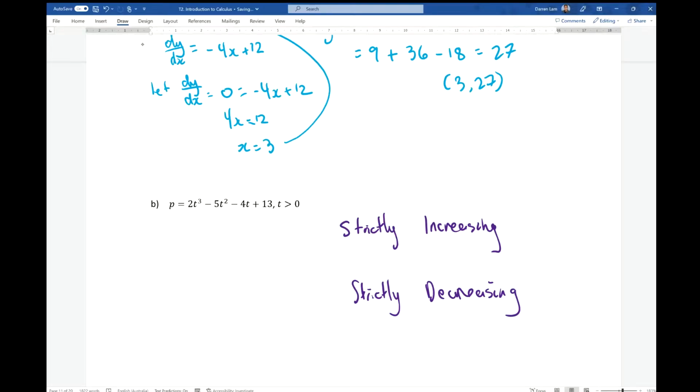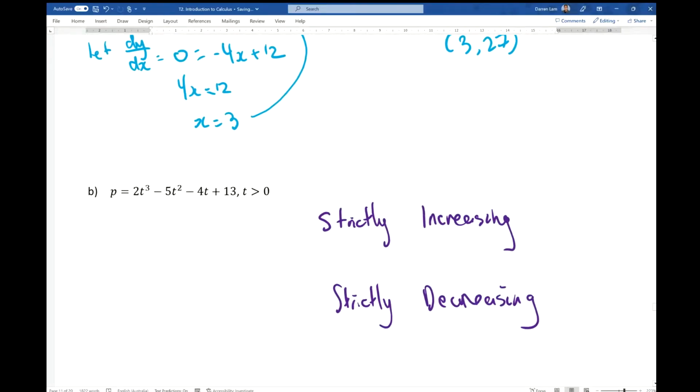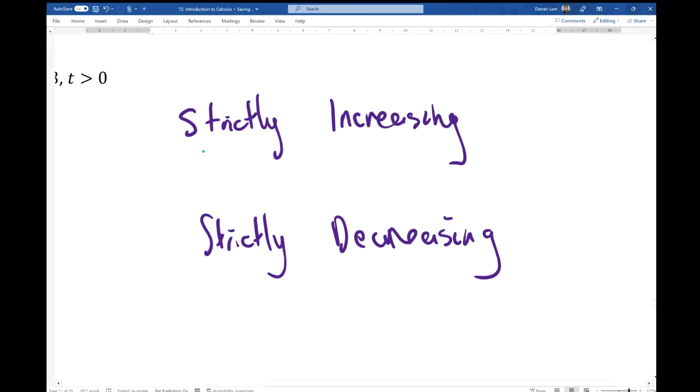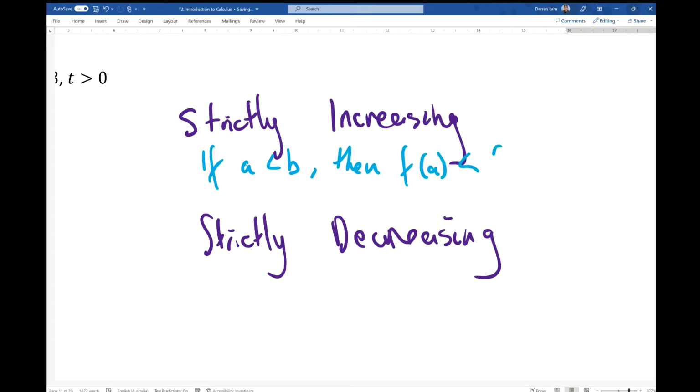For this part, what we're going to focus on is this right here. If a is less than b, then f(a) is less than f(b).